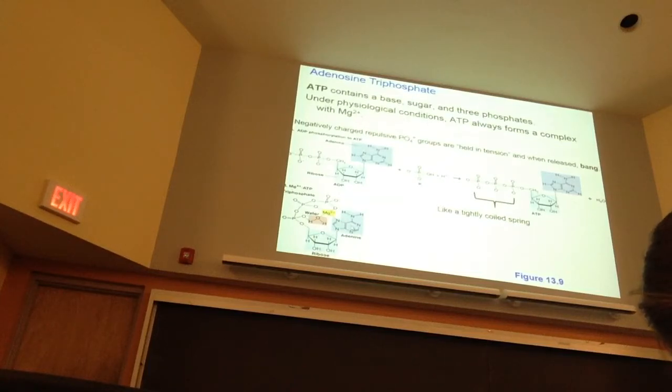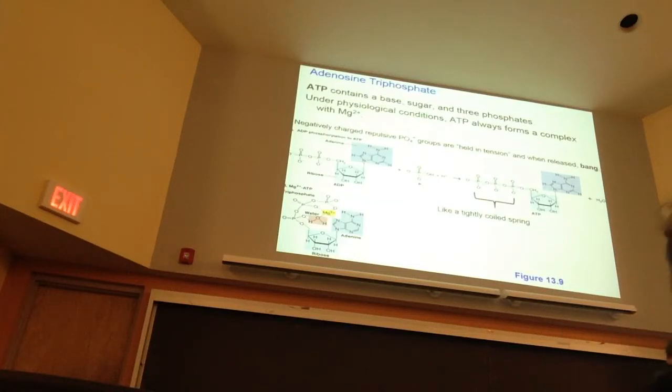And so here is your adenosine triphosphate, and they're all a little bit bent over each other, and to some extent those negative charges are buffered or neutralized by magnesium.